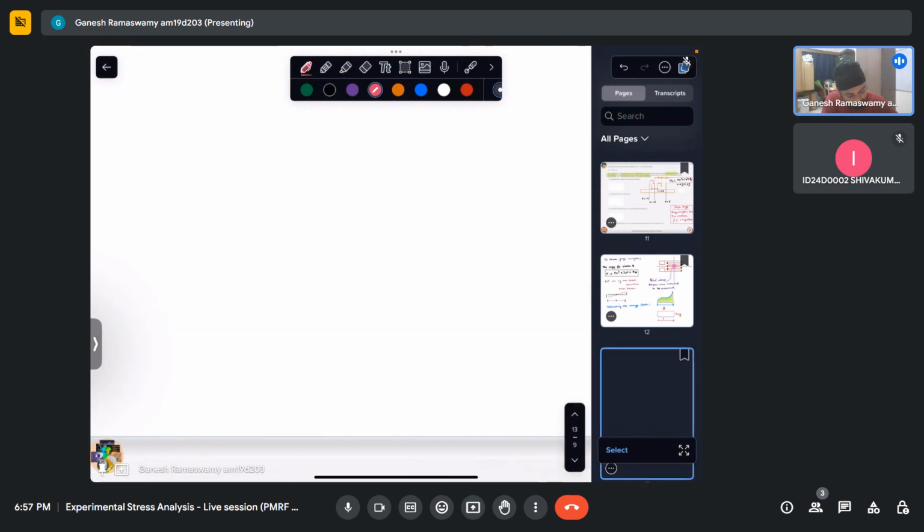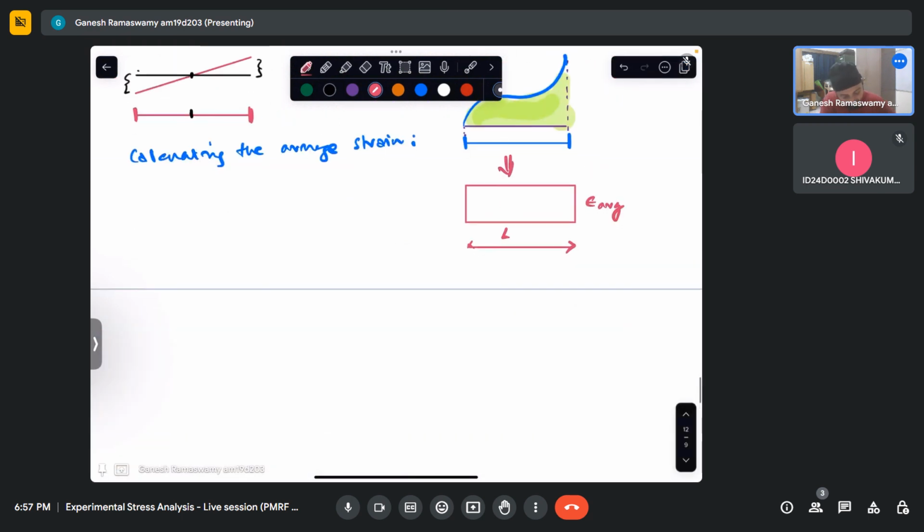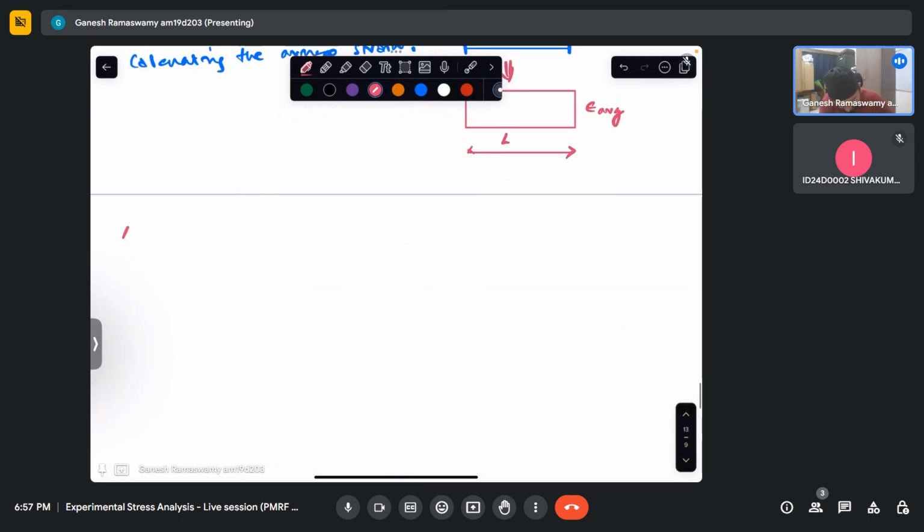So how to go about doing that? How will we find the area? The average strain, epsilon average, is given by the area under the curve. Which curve?